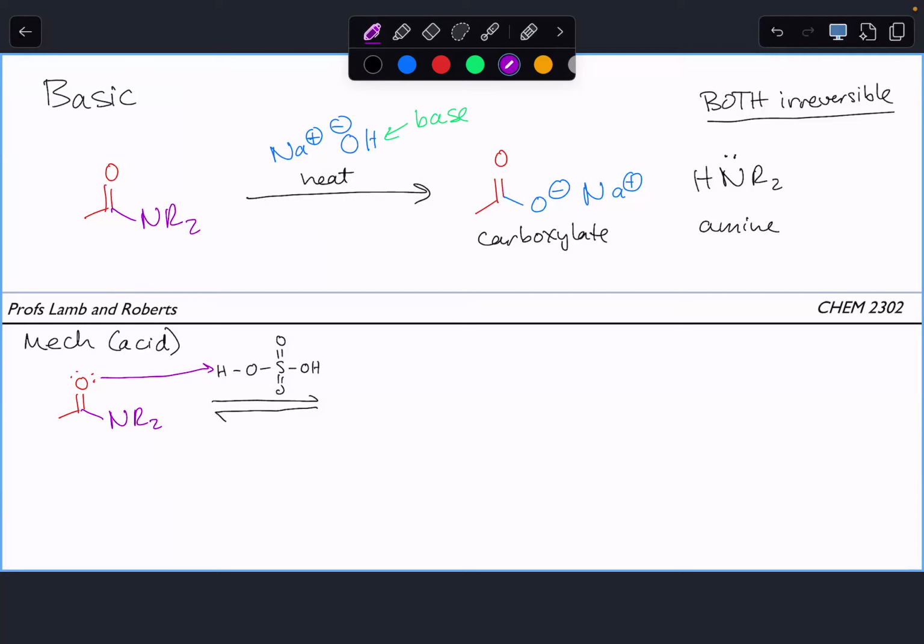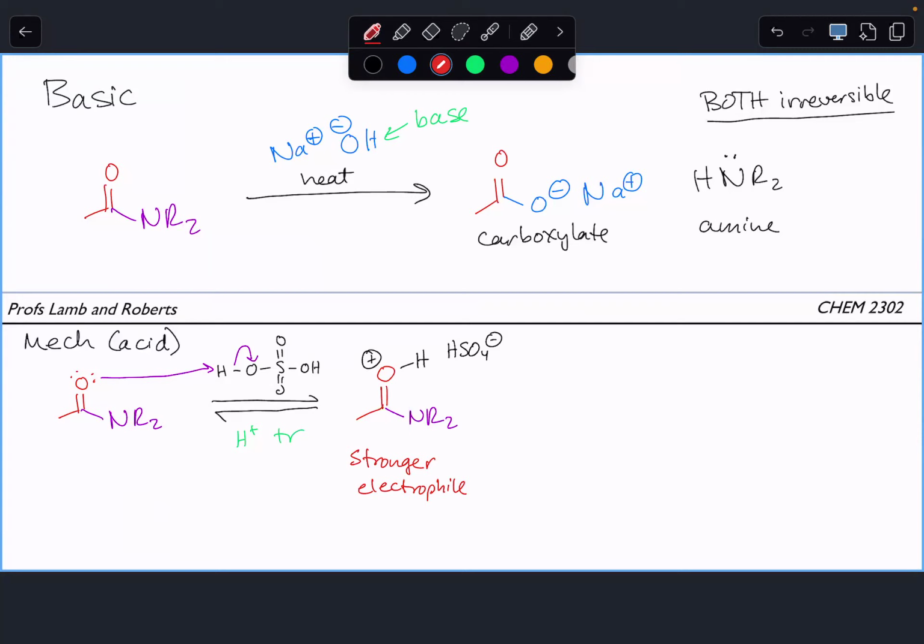So we're going to protonate like so. So we start with a proton transfer step to make a stronger electrophile. Okay, so now we have a stronger electrophile. We made our electrophile positively charged, so now it's a stronger electrophile.